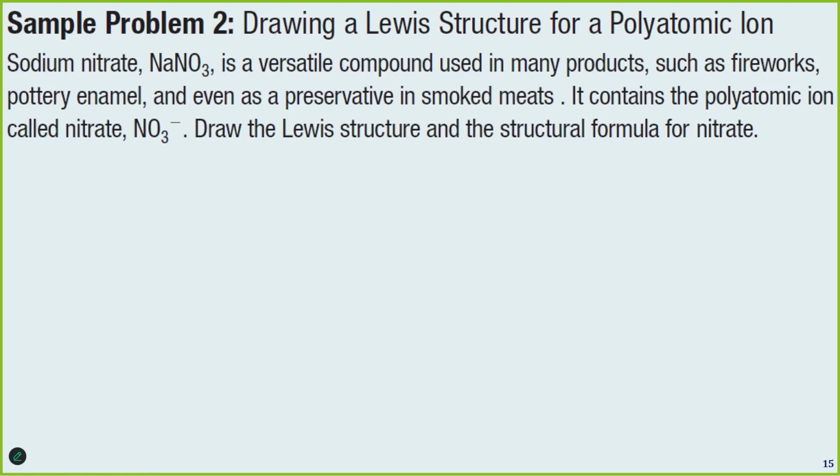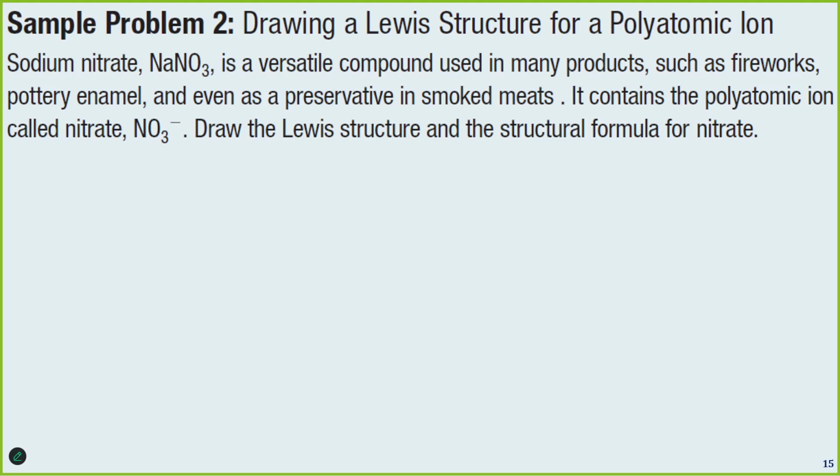So consider this sample problem. Sodium nitrate, NaNO3, is a versatile compound used in many products such as fireworks, pottery, enamel, and even as a preservative in smoked meat. It contains the polyatomic ion called nitrate, NO3 with 1 negative charge.